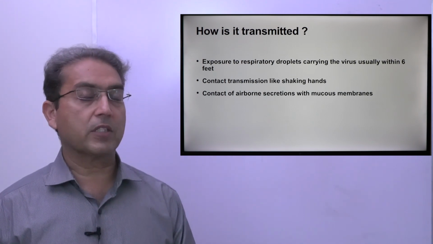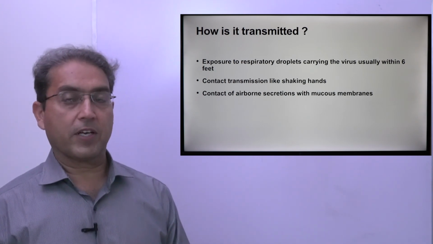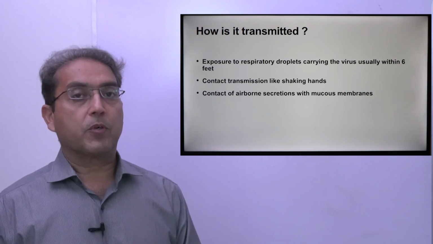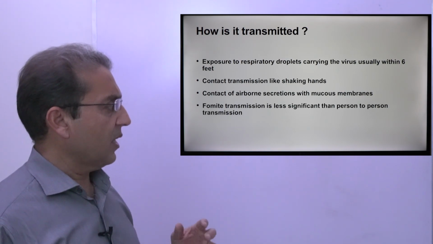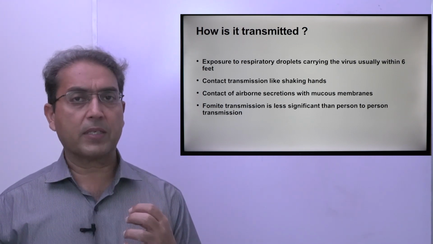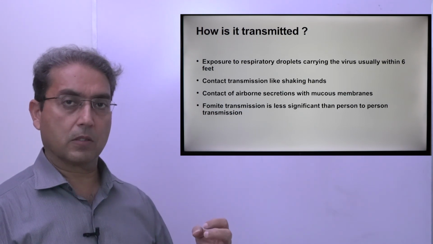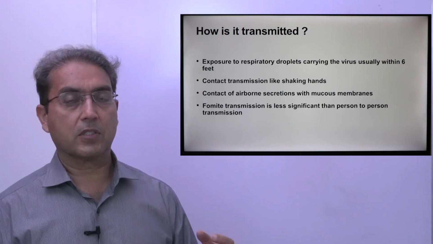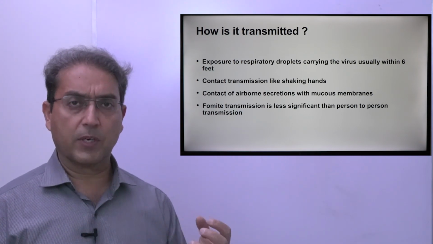That's why when we are examining patients who have COVID infection, that is coronavirus infection, the protection of the eyes is quite important. Fomite transmission is when these droplets settle on inanimate objects, for example, door handles, the buttons on the elevators, the railing of the staircase, or chairs or tables, or similar things.